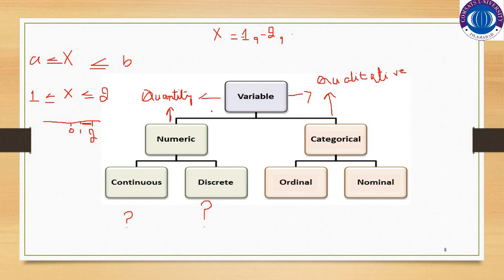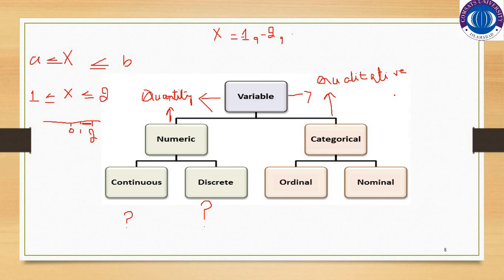So qualitative means it depends on the quality. For example, you are considering individuals. If you say that it is qualitative, then basically you will focus on the quality.